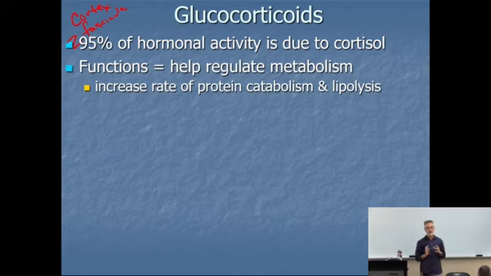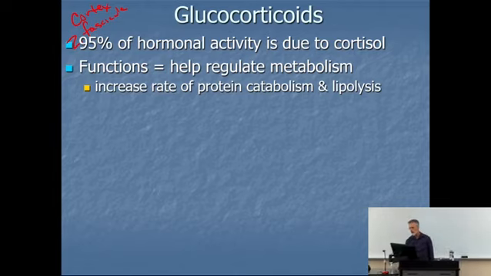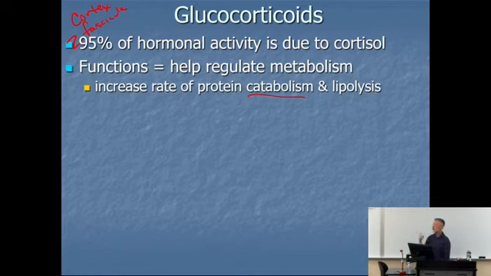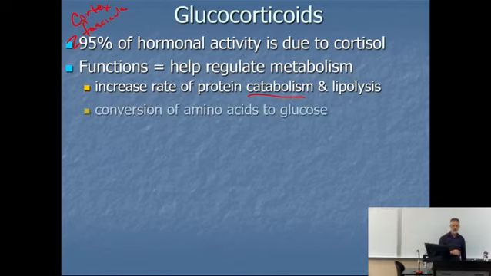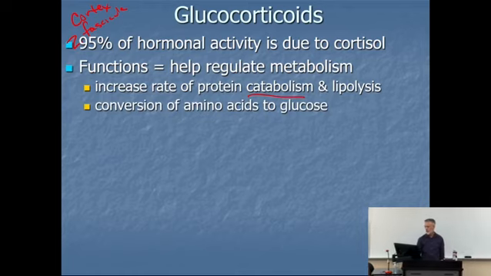We need to break down stuff to make sure energy levels are high enough in case we need to run from a bear or in case we need to crank out a paper overnight that we've been putting off all semester or something like that, right? So a lot of catabolic reactions going on in response to cortisol. So we do breakdowns of things to free up these energetic molecules so that we can make more glucose in these stressful situations.